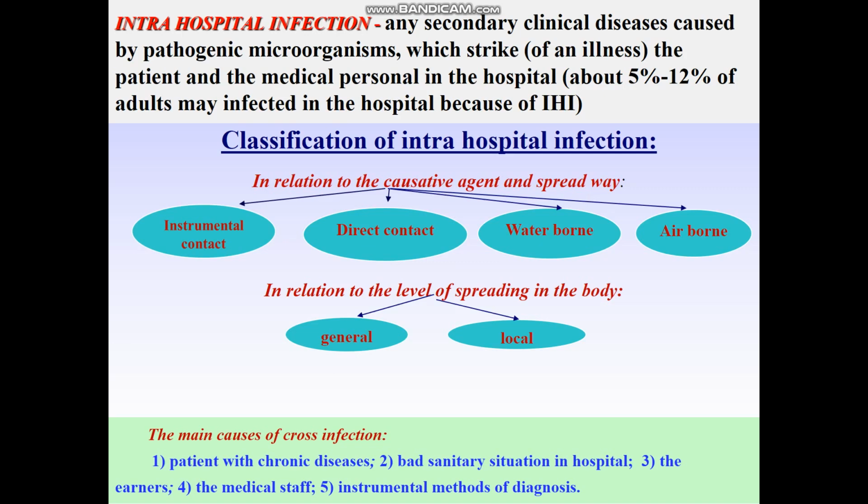Definition of intrahospital infection by the World Health Organization: intrahospital infection is a secondary clinical disease caused by pathogenic microorganisms which affect the patient and the medical personnel in the hospital. About 5% of adults may be infected in the hospital bed because of intra-hospital infection.